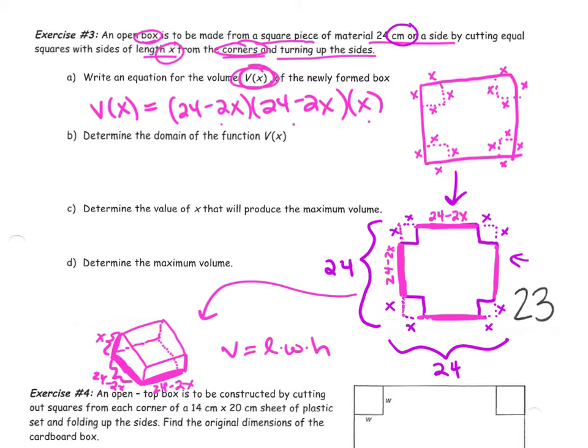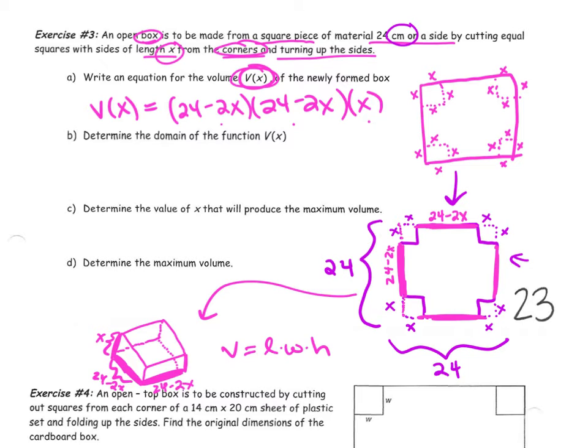The question now we want to take a look at is to come up with the domain. So let's come up with the domain for this box. Well, let's see. Domain pertains to the x values. So I know that this thing can't have a negative length, right?